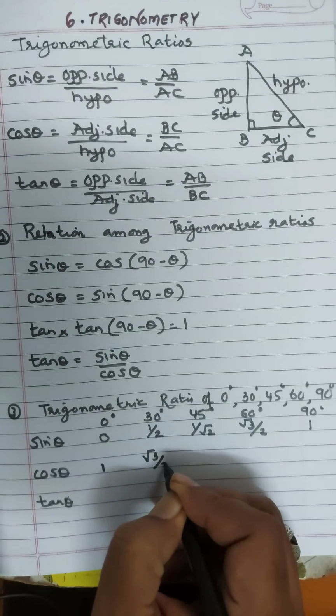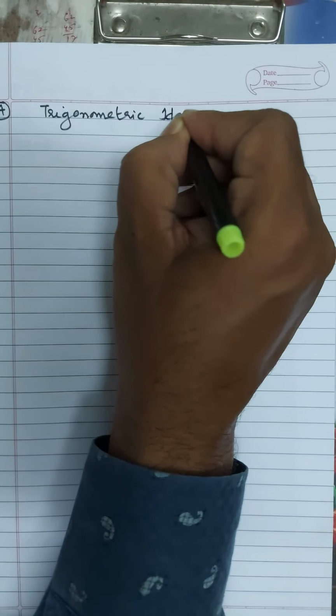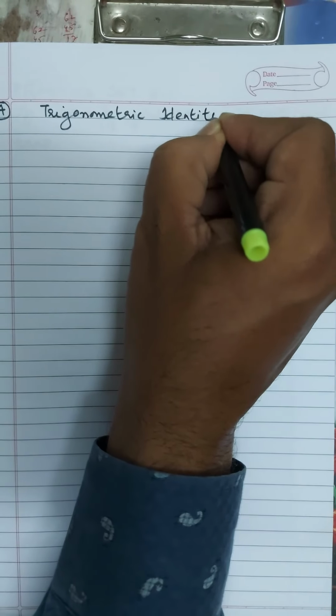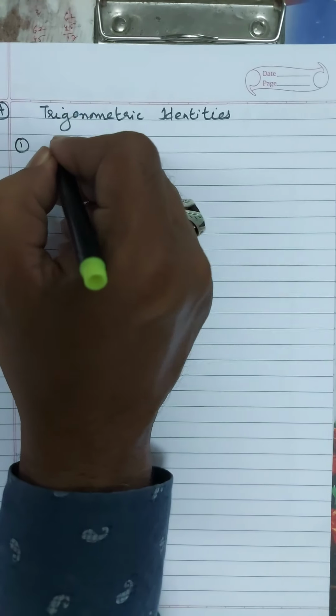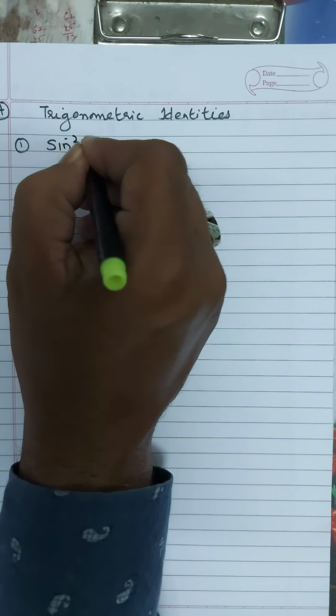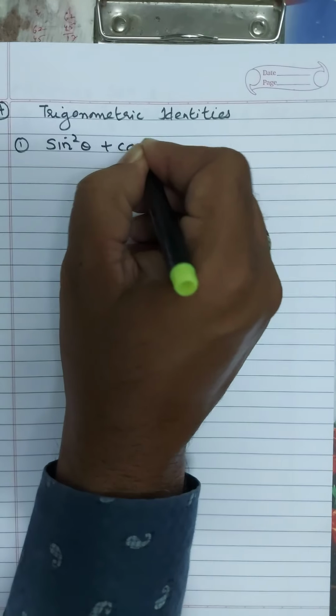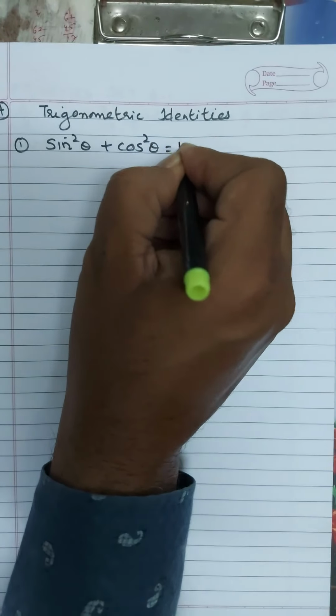Trigonometric identities are very important for solving proof-like questions. The first identity of trigonometric ratios is sin square theta plus cos square theta equal to 1.